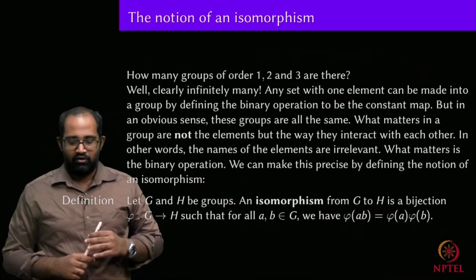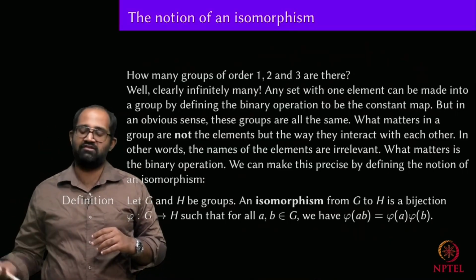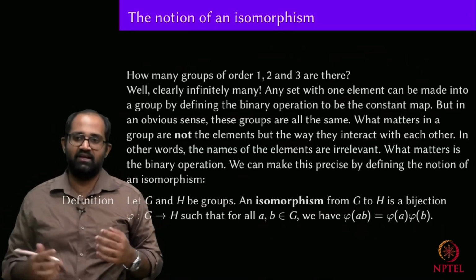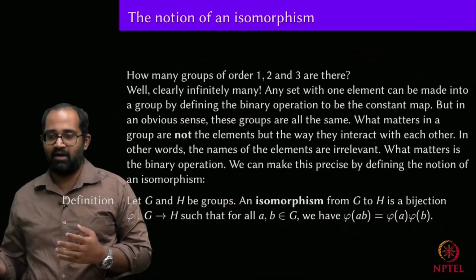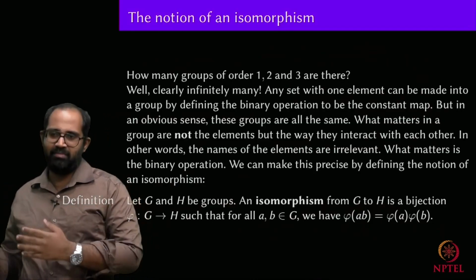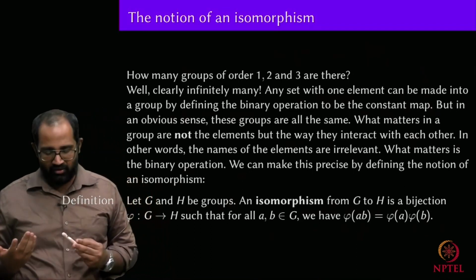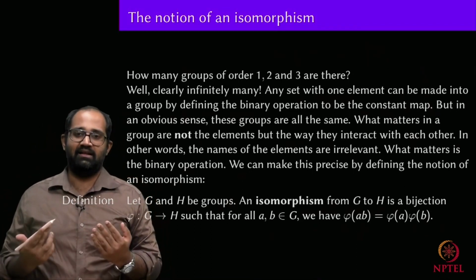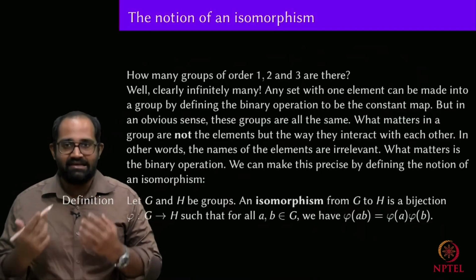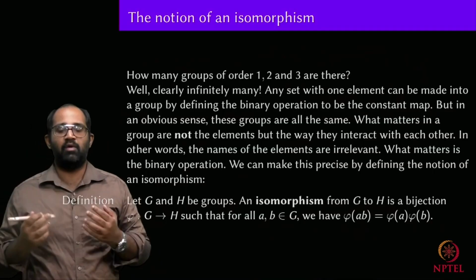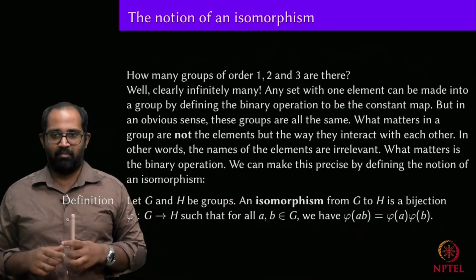Of course, you can call the binary operation on G star, the binary operation on H hash, and write in tedious detail that phi of A star B is phi of A hash phi of B. I am tripping up just by saying this because it is so verbose. So, you save a lot of effort if you suppress those things that can be easily inferred from context without any ambiguity. So, we will always suppress the binary operation whenever possible.